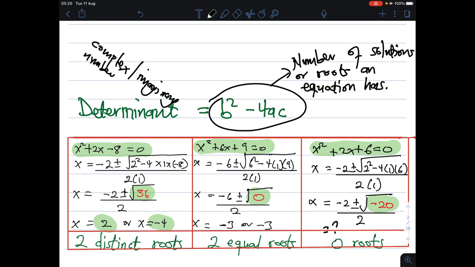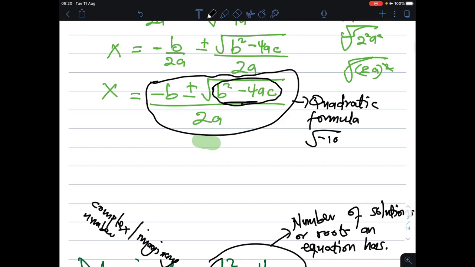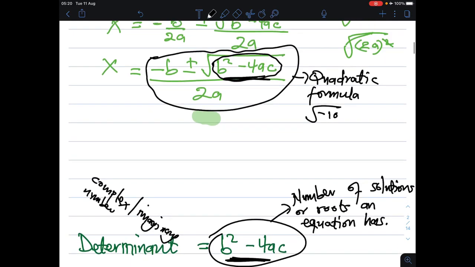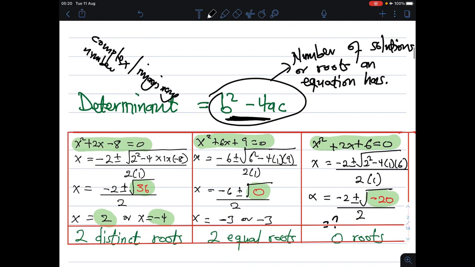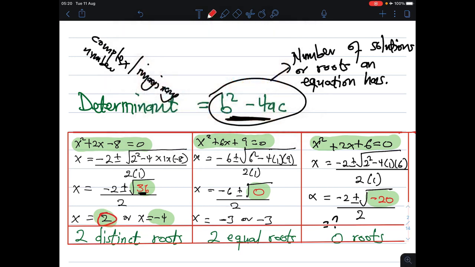Now, how can we use this to conclude what we've done here? Well, you could see that when b squared minus 4ac, which is what is inside the square root sign, is positive, you have 2 answers.